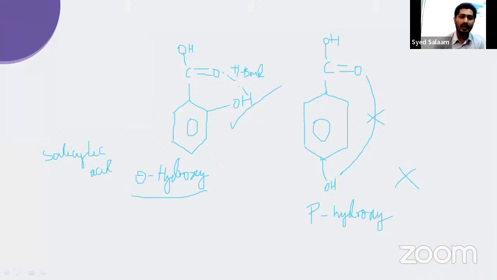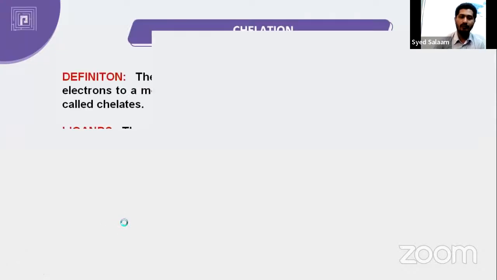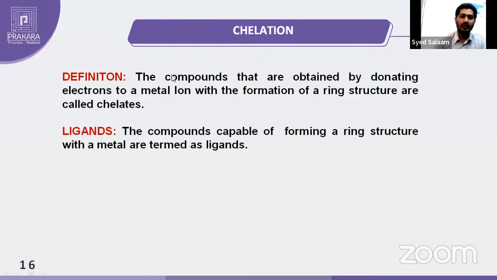Now coming to another physicochemical property, that is chelation. What do you mean by chelation? Chelation is nothing but, by donating electrons to a metal, the molecule forms a ring structure, and that is called a chelate.